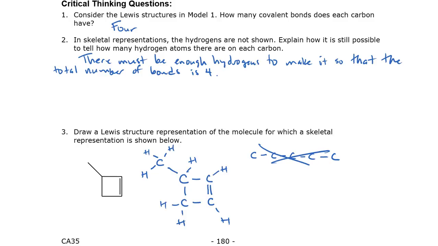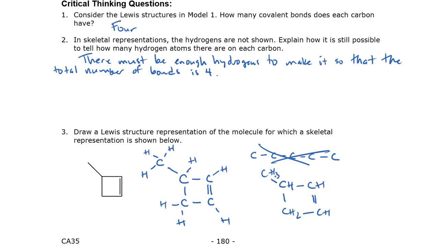Okay, so here is an answer. I've completed the double bond by putting 2 bonds there. Then I've just added enough hydrogens to each carbon so that they have 4 bonds. And this is a Lewis structure. If you drew yours like this, this is a correct structure, but it is a condensed structure, not a Lewis structure.